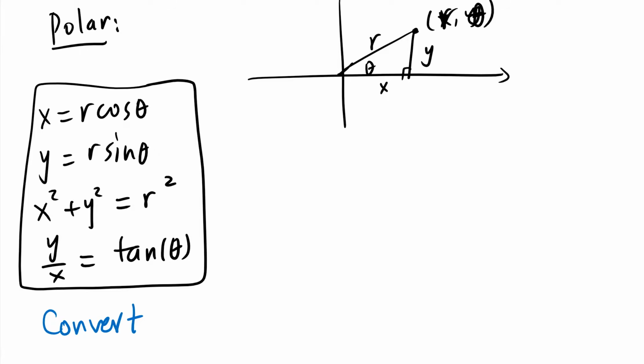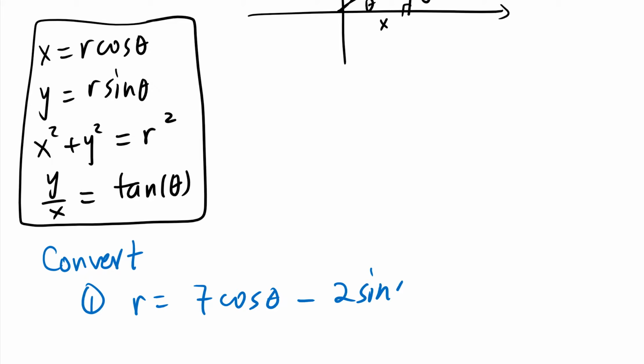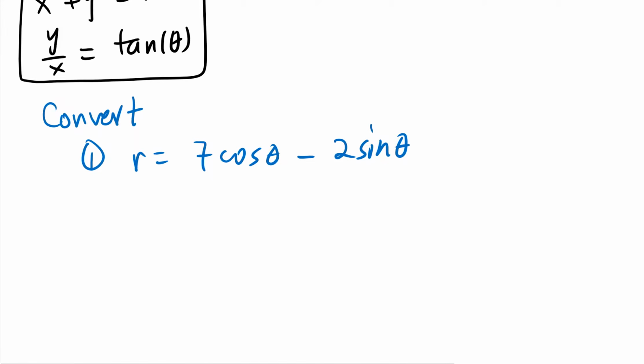They will give us an equation to convert into either polar or rectangular. Let's say r equals 7 cosine theta minus 2 sine theta. This has r and theta, so it's polar. We need it in rectangular. Or it could be y equals x plus 7. That's in rectangular. We need it in polar.